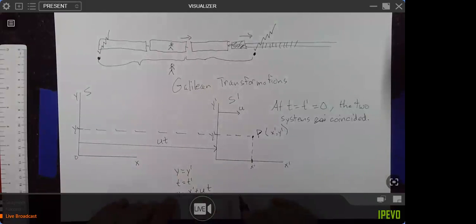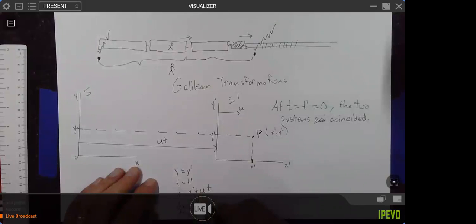And then let's see, what about relative speeds here? Well, I could just take a derivative of both sides of this, and I'd get dx/dt is going to equal dx'/dt, because t is equal to t prime, plus, when I take the time derivative of this, I just get u.